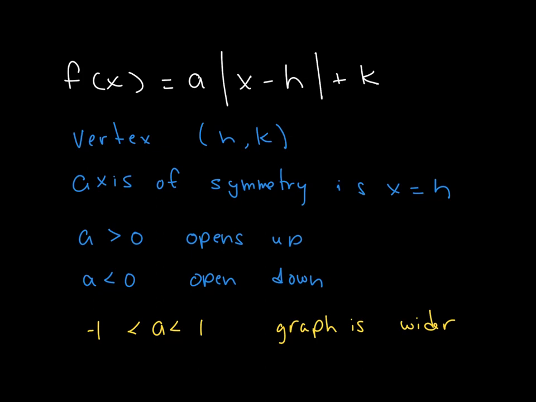If it is larger than 1 or smaller than -1, the graph is narrower. We're going to talk about h and k a little bit more next. H and k translates the graph to left and right and up and down.